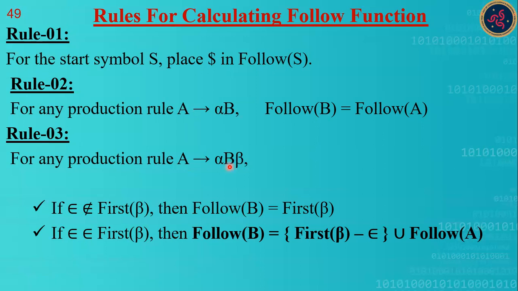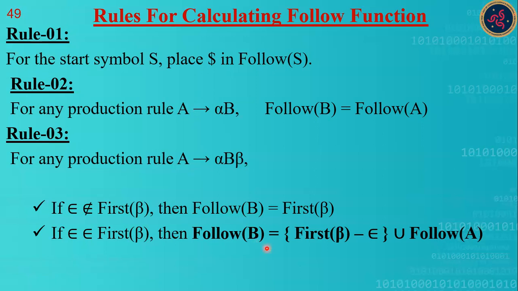Okay, so again, we have to consider, if epsilon is an element of first of beta, then we have an equation, that is follow of B will be first of beta minus epsilon union the follow of A, that is the LHS. This is the equation that has to be used.